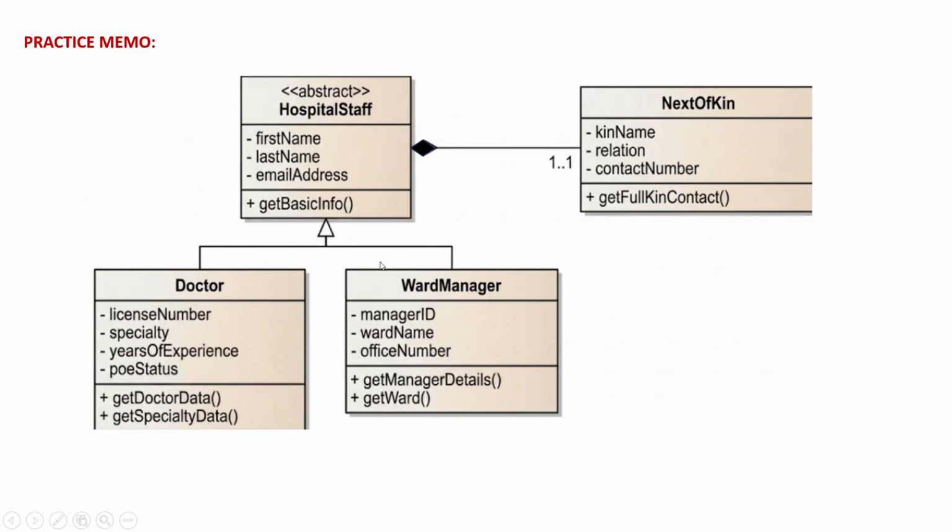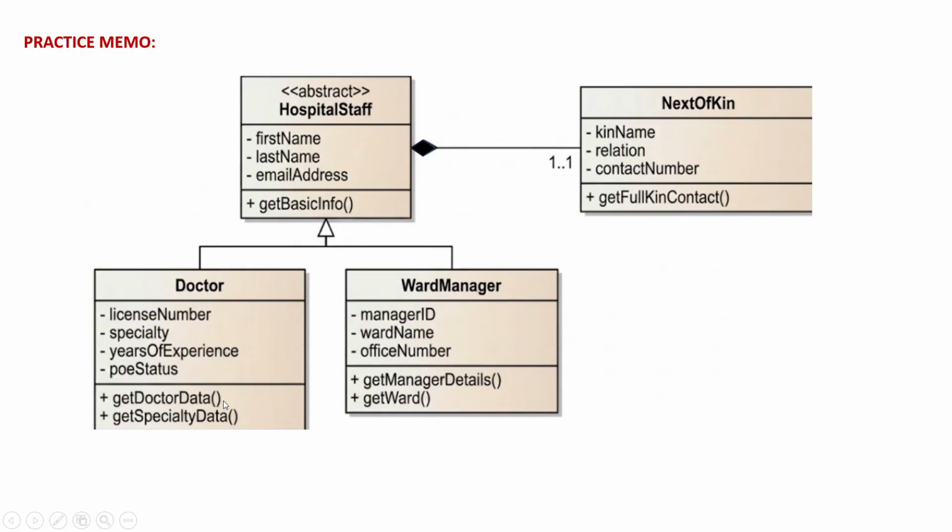Then the scenario indicated that there are going to be two subclasses of a hospital staff, a doctor and a ward manager. So a doctor inherits the properties from a hospital staff and has its own properties, attributes and functionality. That was in the scenario. The license number, speciality, and this POE status is a mistake there.